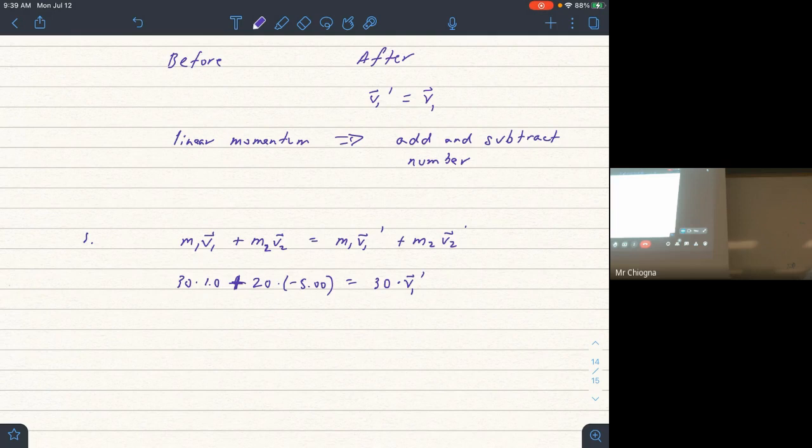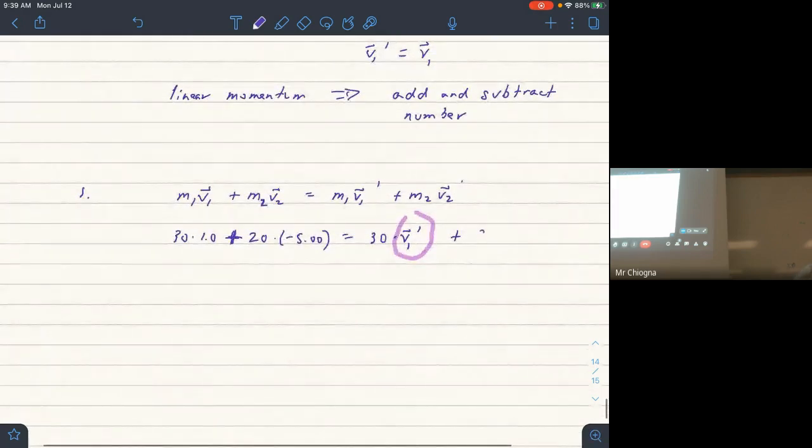That's the question. That's what you're trying to solve for. We're told after they hit, the 20 kilogram continues to move to the left. It's slowed down though. It's gone from 5 to 1.25.